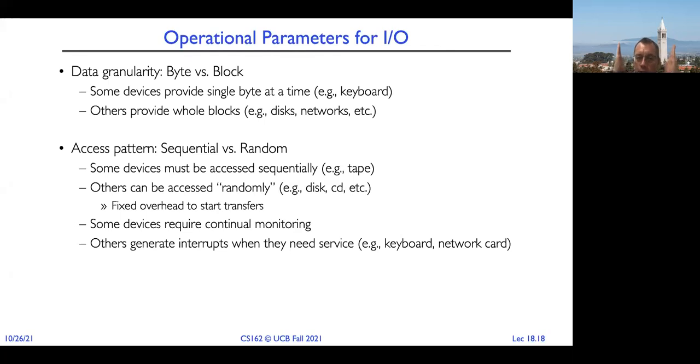So you see, in both these cases, you can get away with only reading and writing at the level of a byte and only accessing randomly, but you are going to leave a lot of performance on the table. So block granularity and sequential access pattern are used, as one of the main reasons, for performance reasons. Okay.